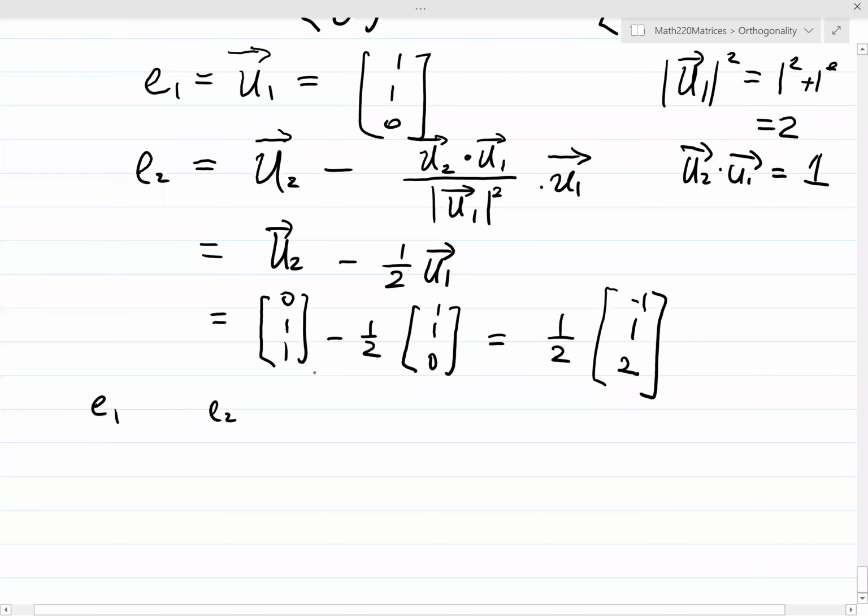So E1, E2 also span the subspace U, because they are both linear combinations of U1 and U2. And we also check that E1 dot product E2 is zero, so they are orthogonal.